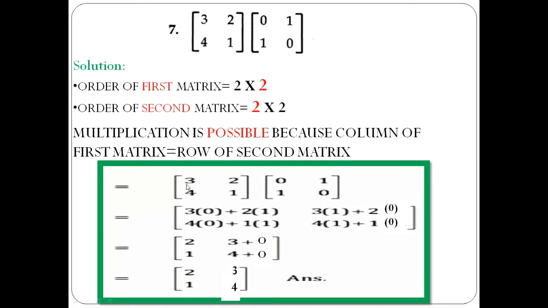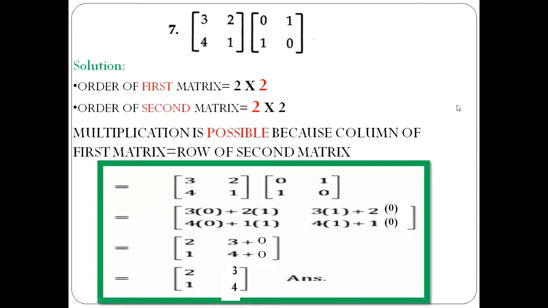Focus on first row, first column: 3 multiplied by 0, then 2 multiplied by 1, and you add these two numbers. Now change the column: first row, second column, 3 multiplied by 1, and then 2 multiplied by 0.